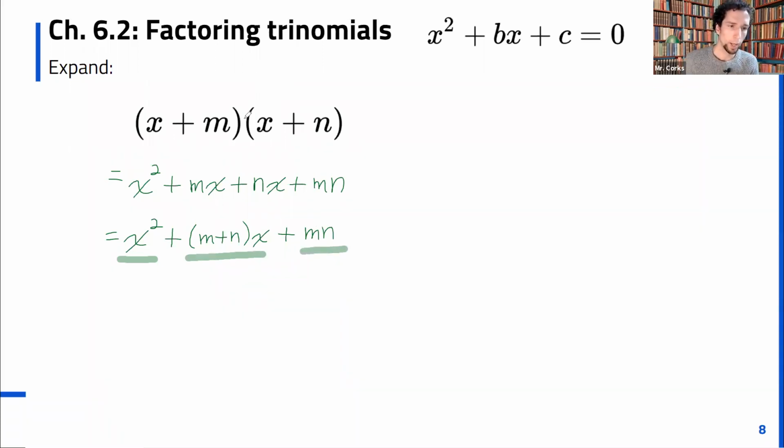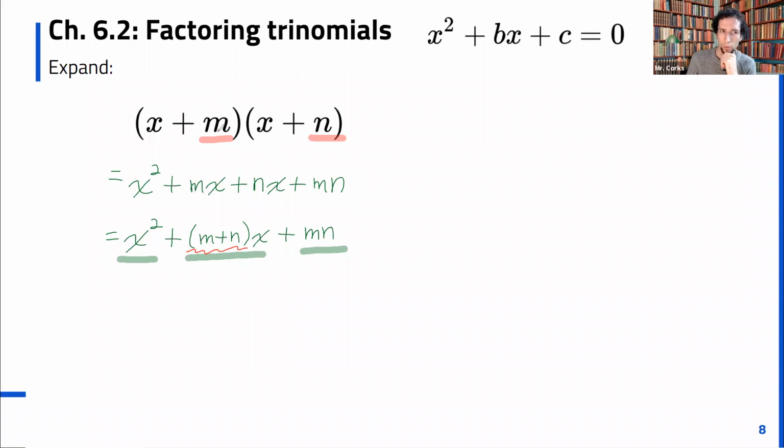So what I want you to notice, the pattern here that we will be making use of for these solutions, is we had m and n here in the binomial form, the x plus something times x plus something form. And then when we got to here, it's m plus n.